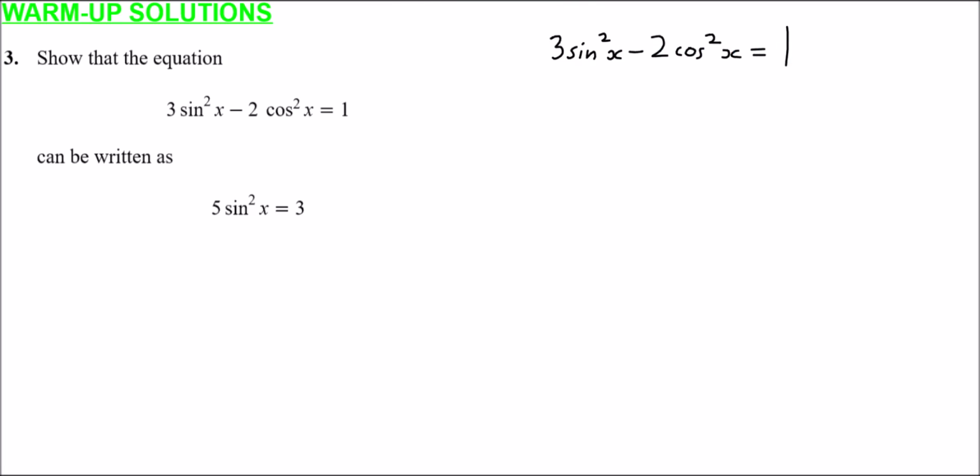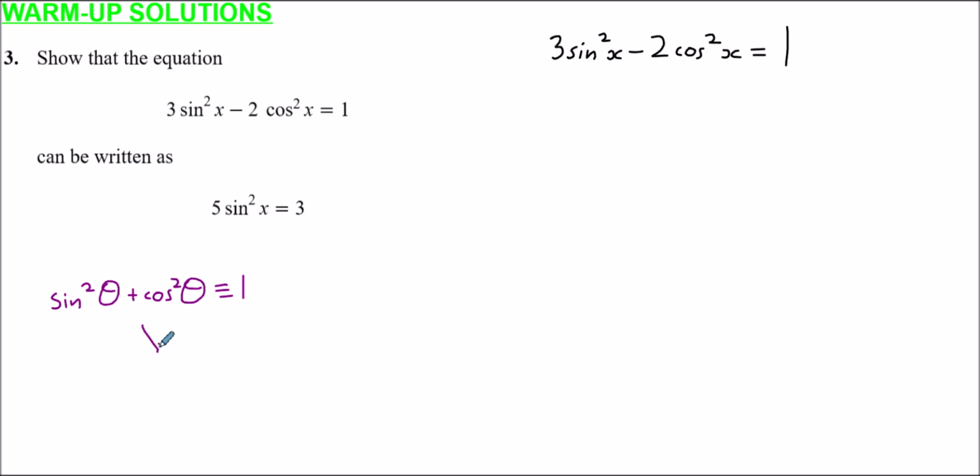We need to remember this identity, that sine squared theta plus cos squared theta equals 1. And from that, our target is something to do only with sine squared, so we want to eliminate anything to do with cos squared. And so we need to write cos squareds in terms of sine squareds.